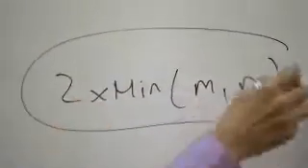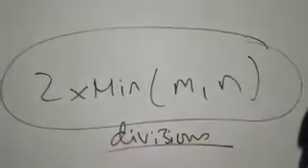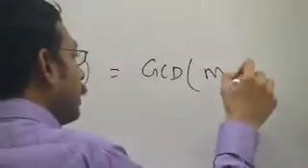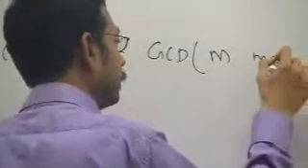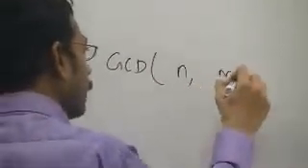So as an optimization approach, Euclid gave us this theorem, which we can prove, and we do in the algorithm. But here we just use the formula: GCD of m and n equals GCD of n comma m mod n.